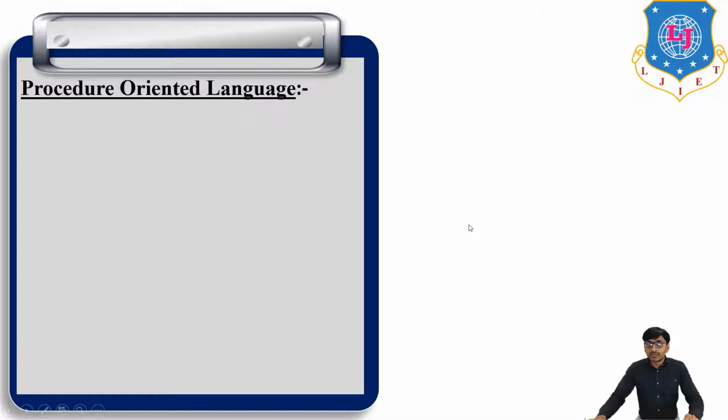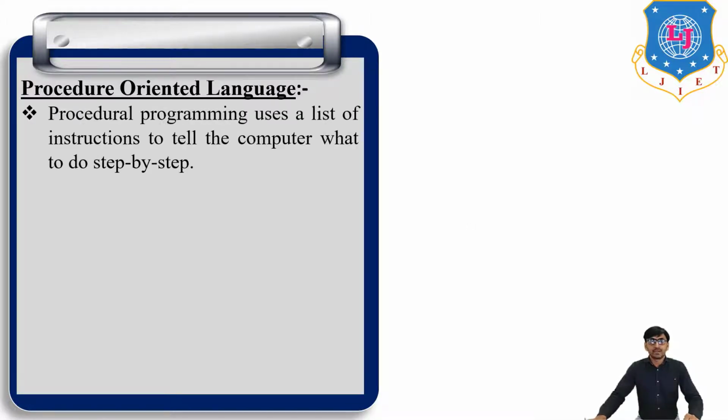So first one, procedure oriented language. Procedure oriented language uses a list of instructions to tell the computer what to do step by step. It means first doing this step, then print out this, then doing this step.